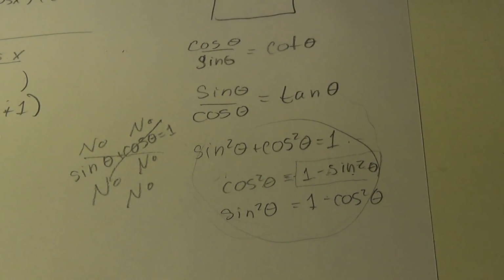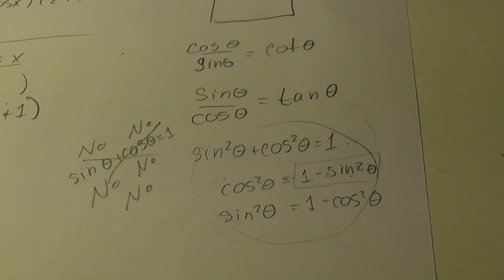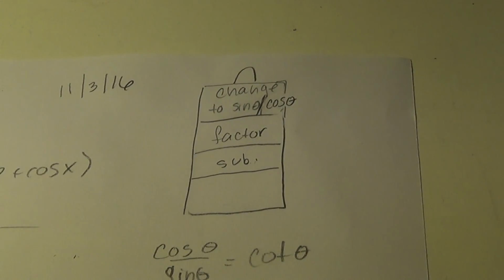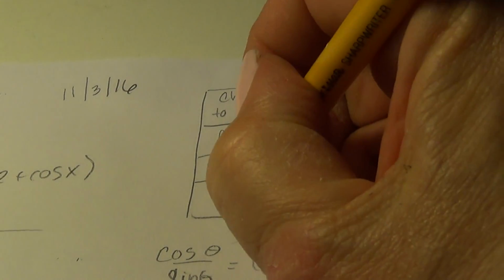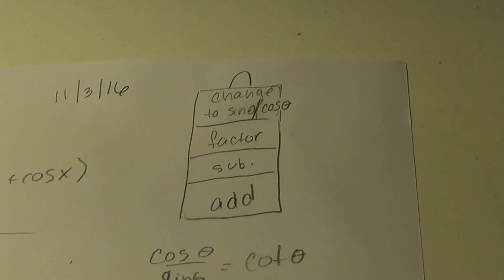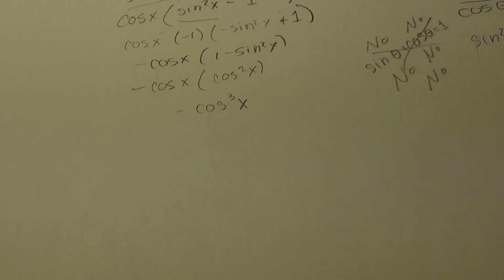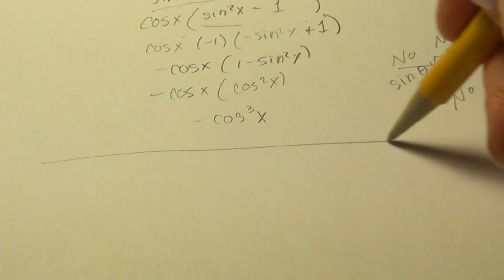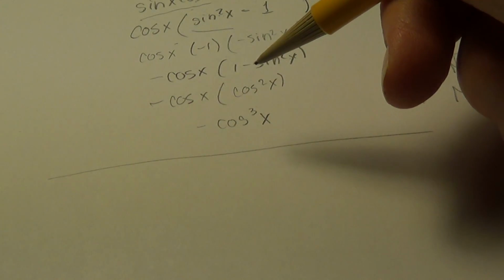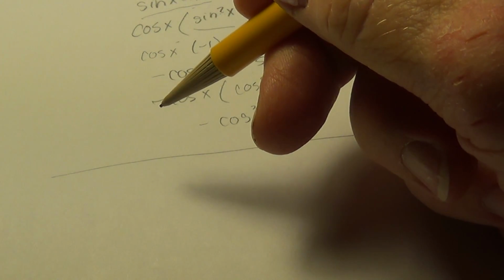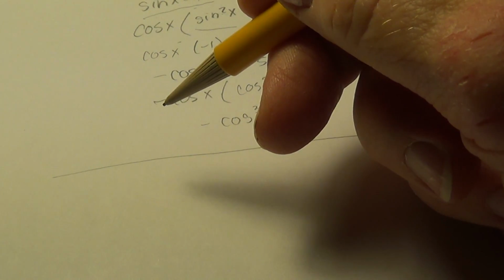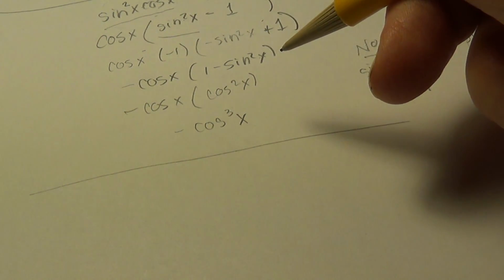So let's see what the last tool is in our box. Add. You're going to need to add algebraically in some of these trig ID problems. And for example, when you're going from 2 terms to 1 term, so let me see if I can find one.